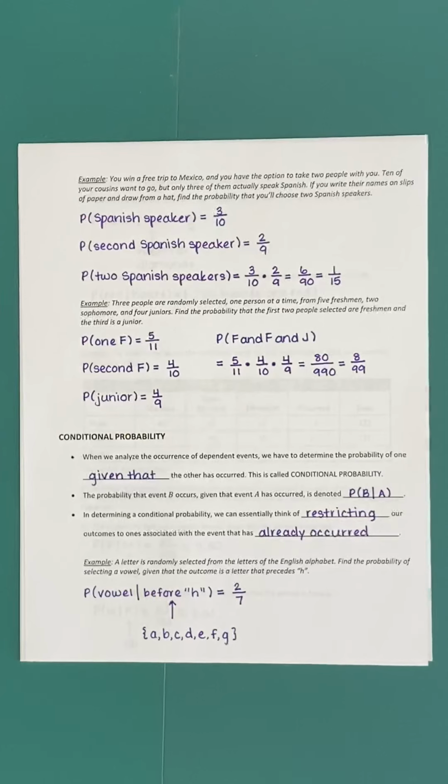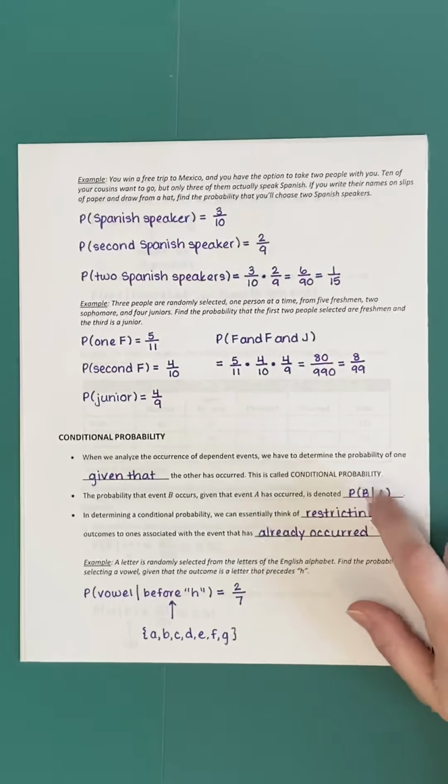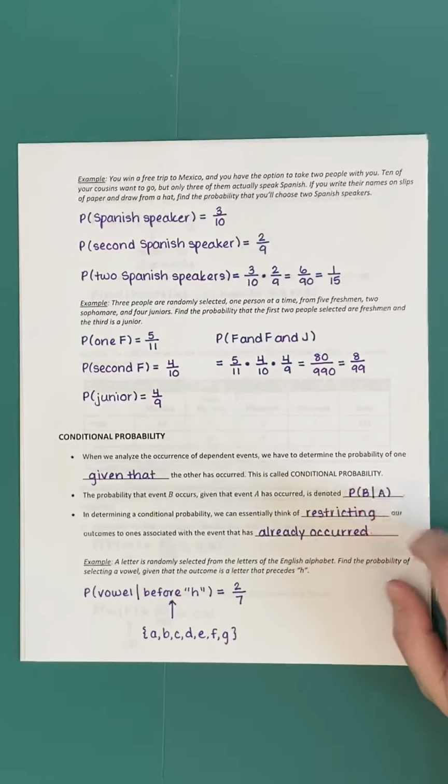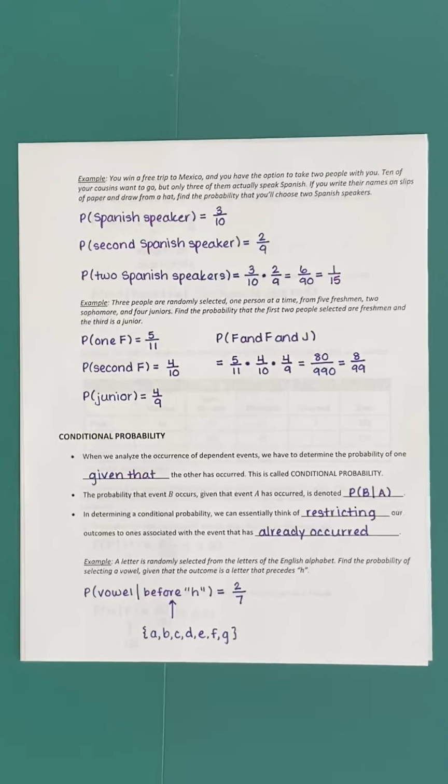So the probability that event B occurs given that the first event, event A, has already occurred is denoted P of B given A. So the vertical line, we can read that as B given A. So in determining a conditional probability, essentially think of restricting the outcomes to only ones that are associated with what has already happened.